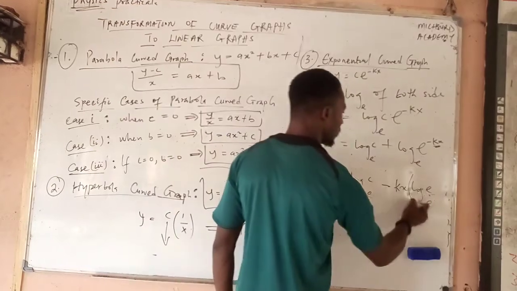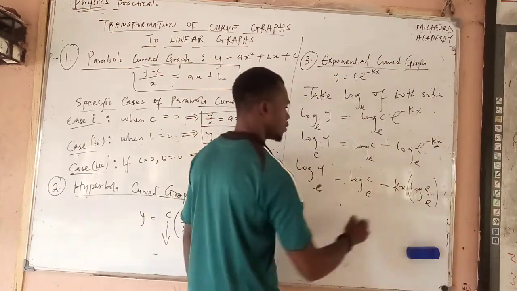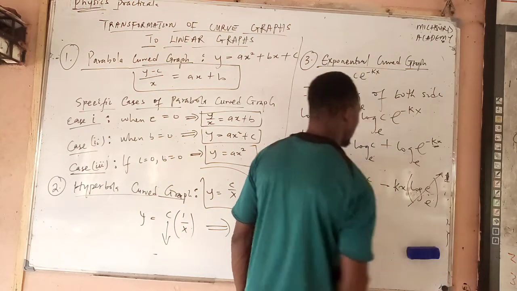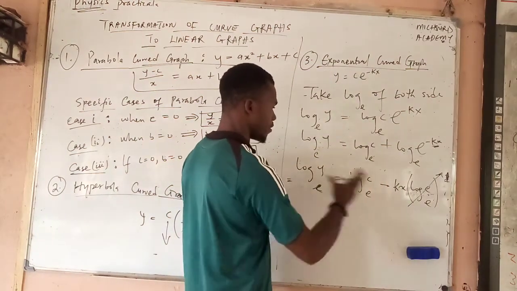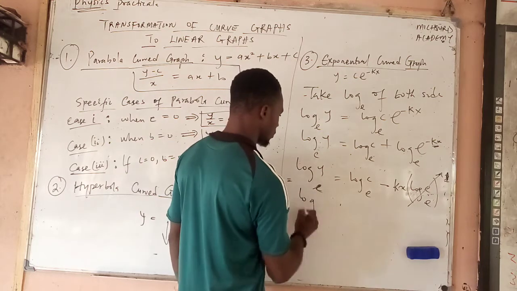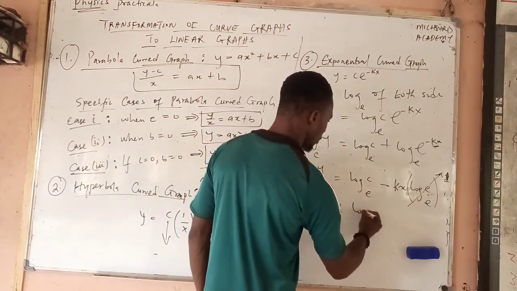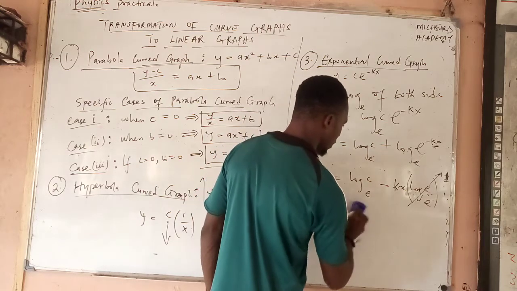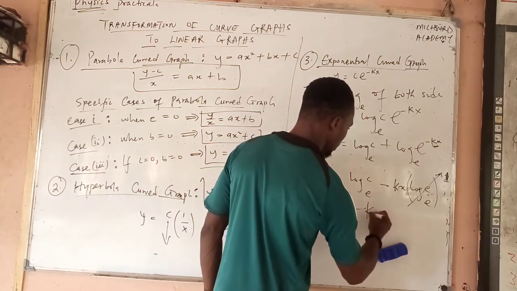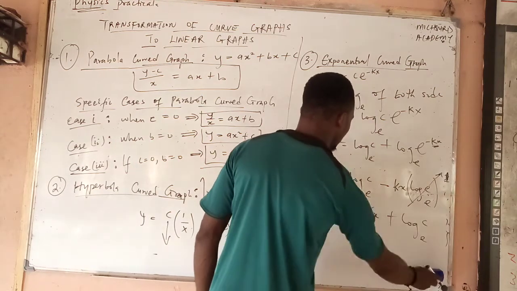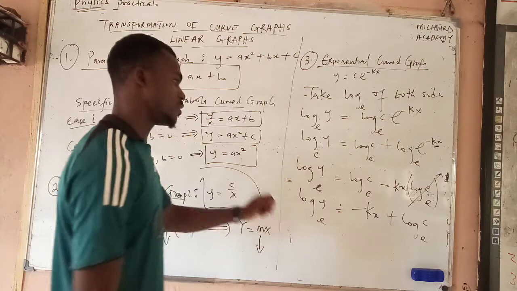Alright, so we know that log e to base e will give us 1 from the same base law. Here will be equal to 1. So if I rearrange this, I can write it as log y to base e is equal to minus kx plus log c to base e. Okay, so this is the form we have it now.